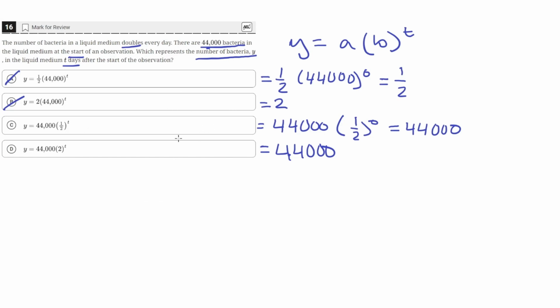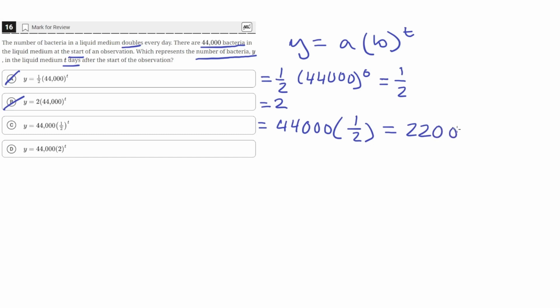So if we plug in t equals 1, we get 44,000 times 1/2, because 1/2 raised to the first power is just 1/2, and this will give us 22,000, which is incorrect because the number of bacteria was supposed to double, not half.